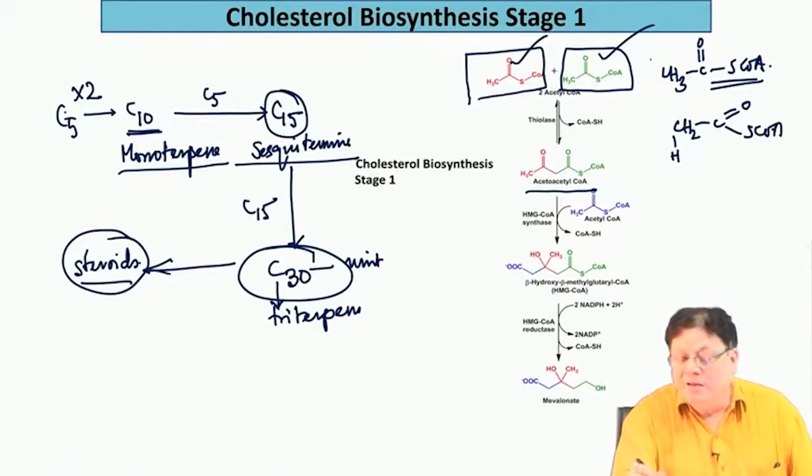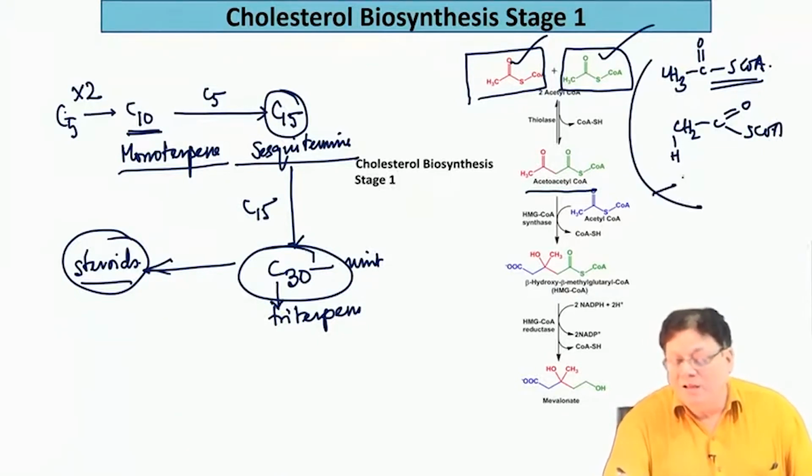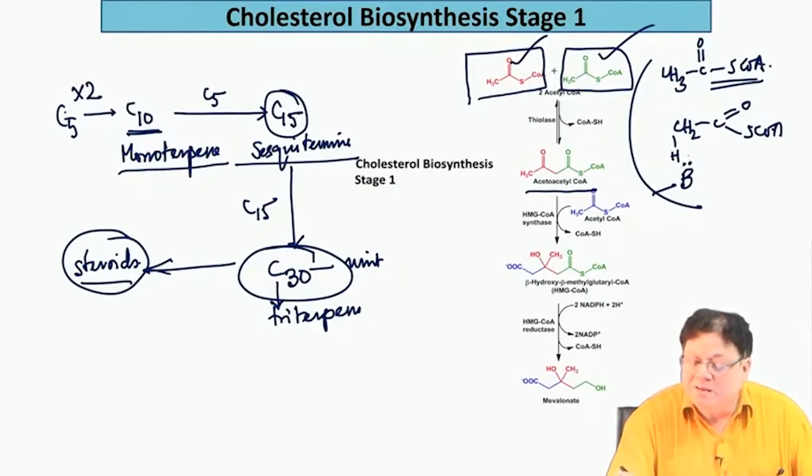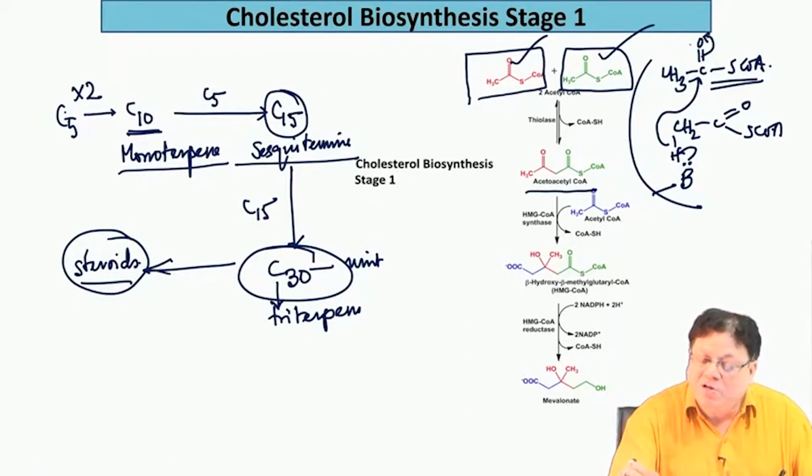Now, in the enzyme system you have a histidine which is a base. So, that abstracts this hydrogen. This then comes and attacks, and that goes first to the oxygen, comes back and SCoA goes out.